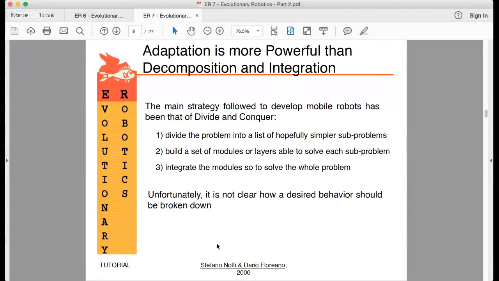So, adaptation. As the title of the slide says, adaptation is more powerful than decomposition and integration.